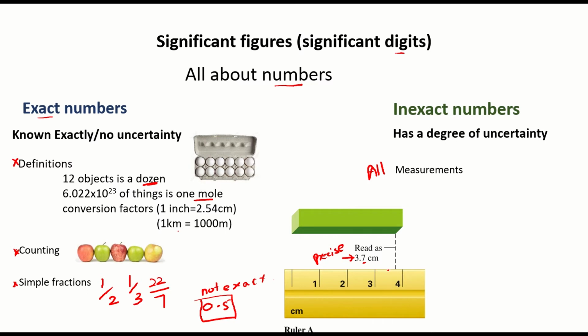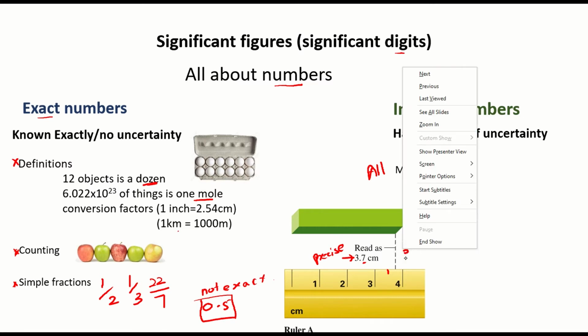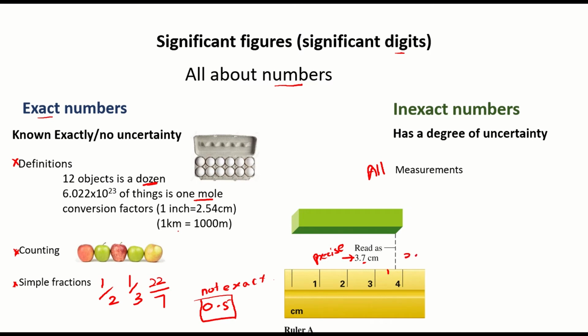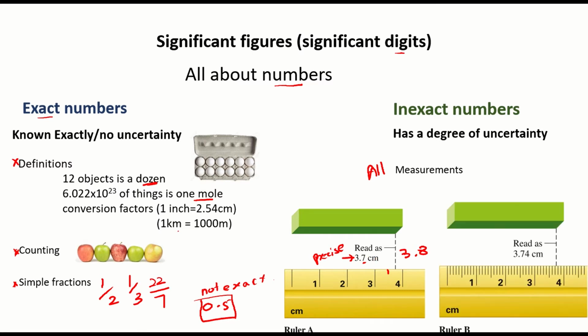You can have a mental partition in this ruler and call this 3.5. Now you can guess where this mark is. You can guess it is around 3.7. Another person can say it is not 3.7, it can be 3.8. So it depends on the person. So you can see the last digit holds some sort of uncertainty.